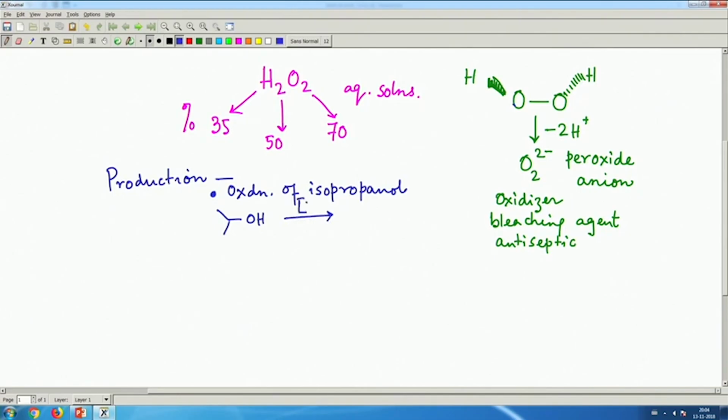We go for oxidation with the oxygen of the air, and that oxygen of the air can be utilized for the corresponding oxidation of isopropanol to acetone plus H2O2. So this particular thing can be formed along with acetone as the corresponding byproduct.